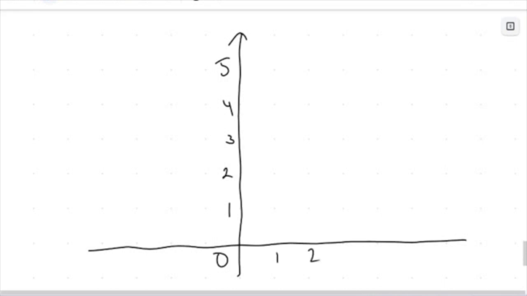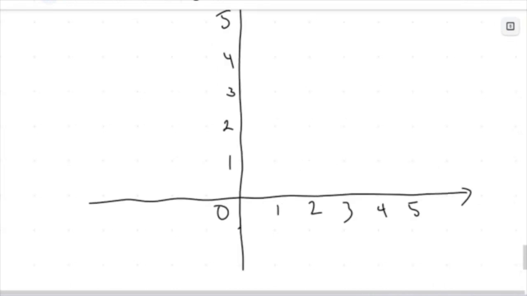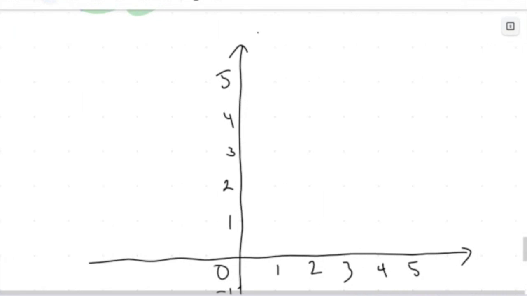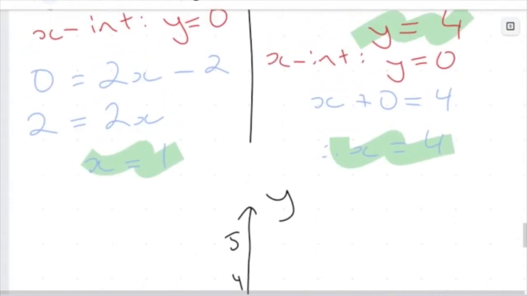And I have 1, 2, 3, 4, 5. Please feel free to skip if this is too monotonous for you. But I'm going to go to -1 and -2. That's probably all I need for now. And making sure I label my axes so I know what's what.